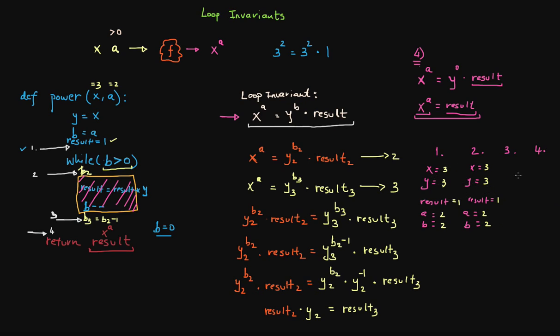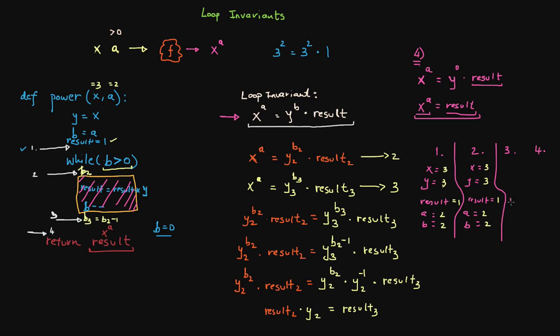Okay, what happens at point 3 now? Well, at point 3, result has changed. We have result equals result times y. So if result is 1, 3 times 1 makes result 3. So let's make this a little clearer. This is my point 1. This is my point 2.